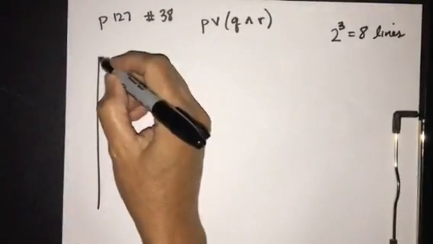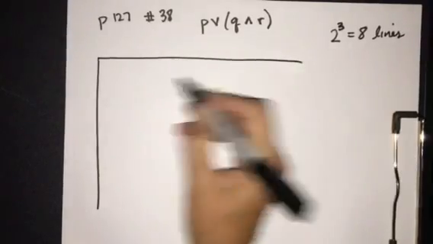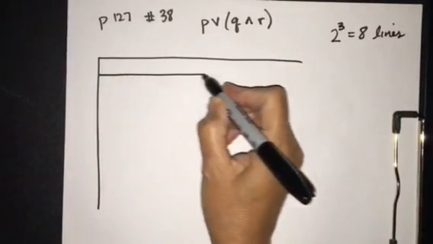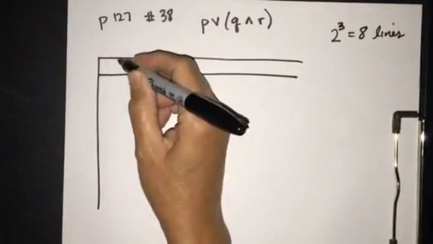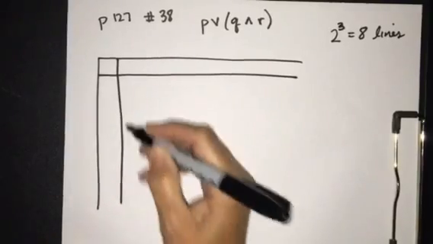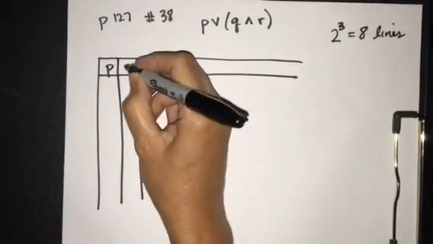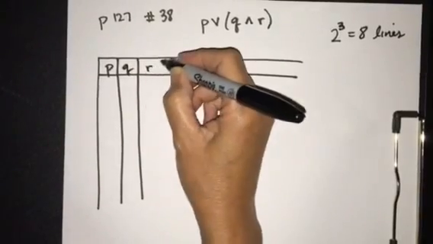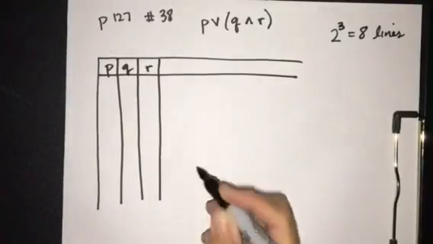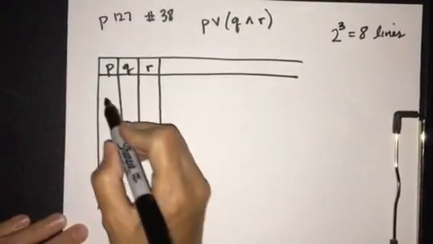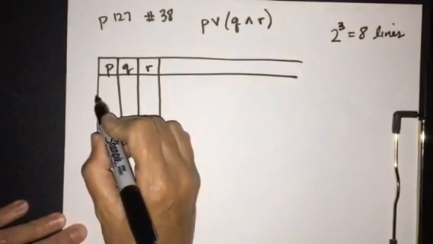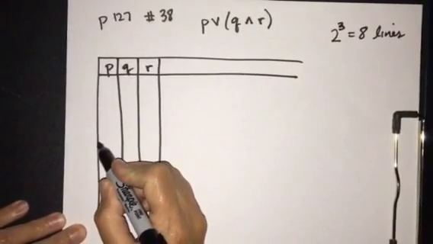So really, 9 lines. Here's my title line. And here I'm going to need a column for P, a column for Q, and a column for R. And from here, I will have to put in 8 lines.